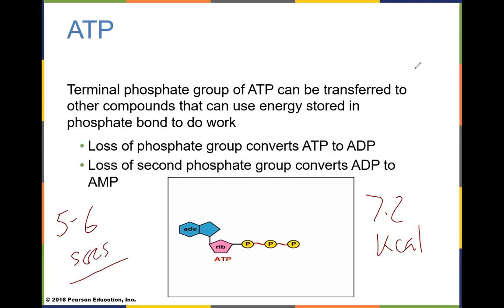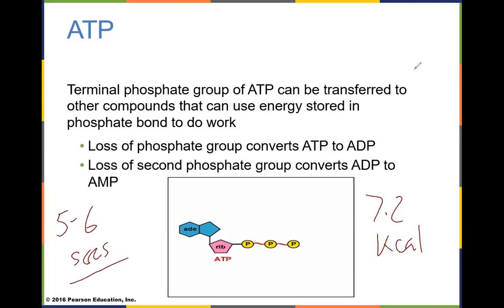We use energy all the time, obviously, but we have to keep making ATP over and over again because they're only going to last between 5 and 6 seconds. Each one has 7.2 kilocalories of energy. That's a fair amount of energy that we can do stuff with, but we can't store it.